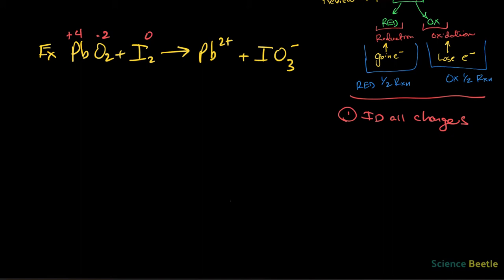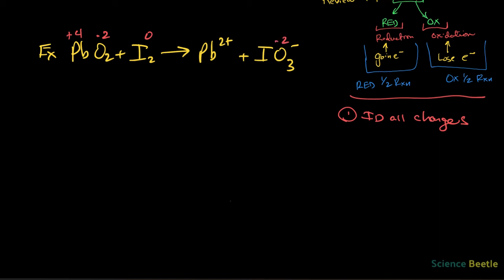Then the next thing, we go to the iodate. For the same reason that the oxygen had a -2 on the reactant side, the oxygen here will also have a -2. Iodine could be negative, however, oxygen is more electronegative, so the oxygen will have the -2 charge. Let's go back here and put a -2 charge.